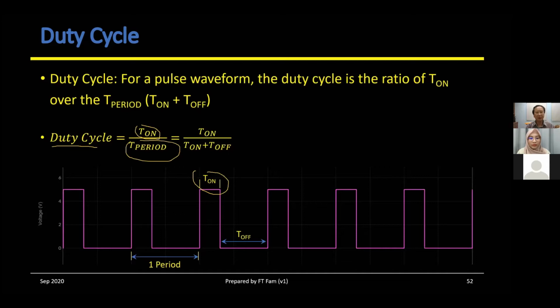The period is one cycle from here to here. The period is also the turn-on cycle plus the turn-off cycle. So this is called the duty cycle.